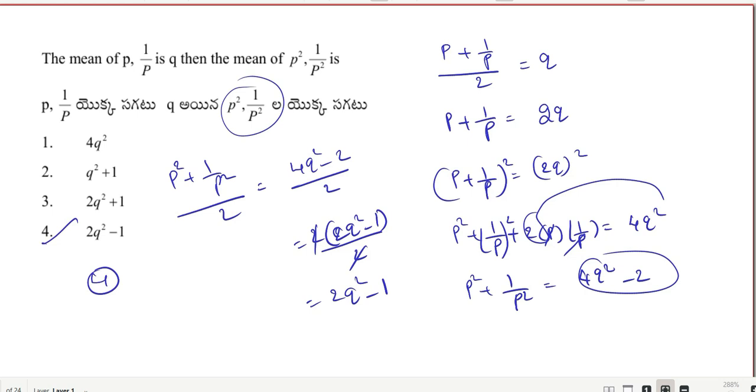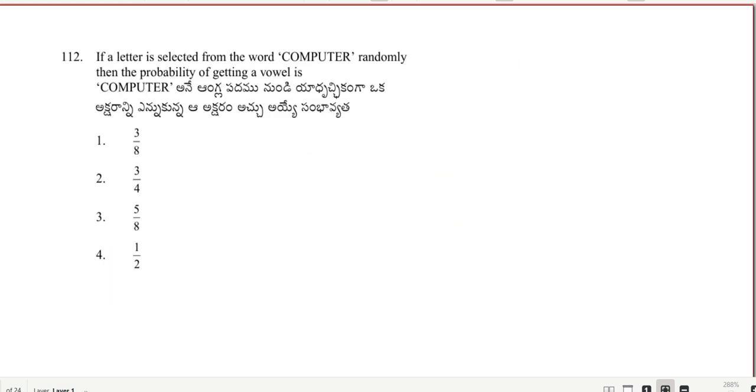Okay, now let us see this next question. In the next question, we have given that if a letter is selected from the word computer randomly, then probability of getting a vowel. Firstly, let us see how many letters are there in the word computer. In computer, we have 1, 2, 3, 4, 5, 6, 7, 8. Total 8 letters are there.